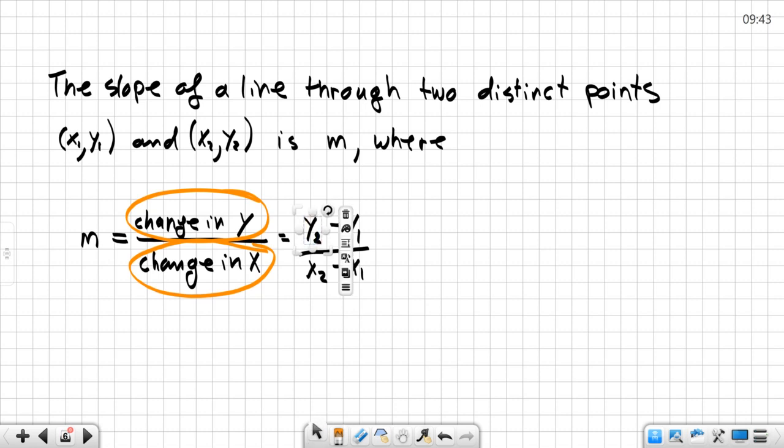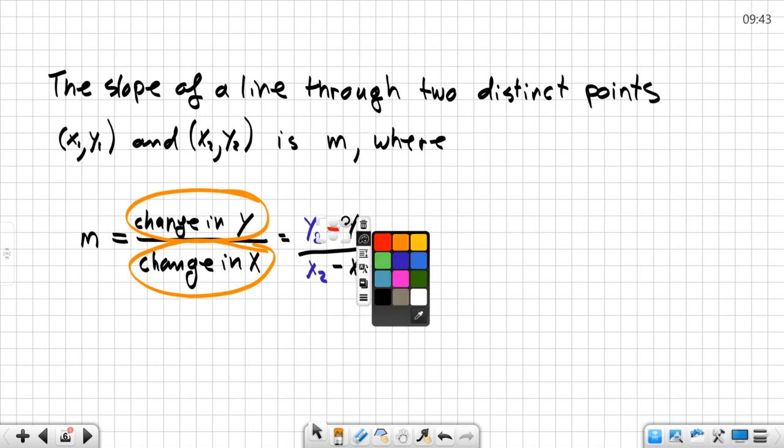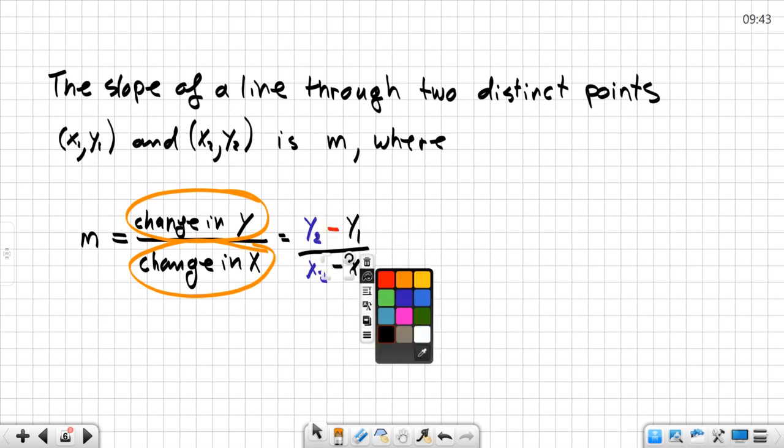Using this formula right here, we just have to be careful that the points stick right on top of each other and that they don't mix. It does not really matter which point you will call x1, y1. That does not matter. Just be careful that this negative sign inside right here does not belong to the coordinates.